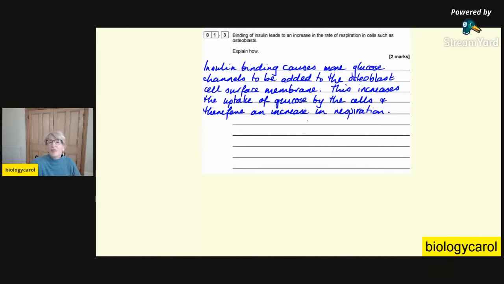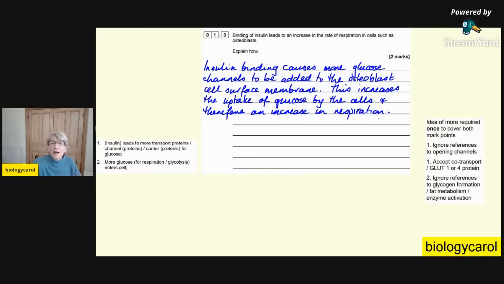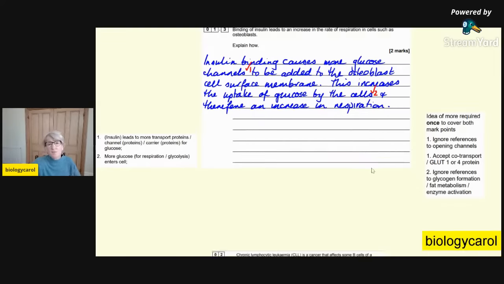I just put, and therefore an increase in respiration. So I got both of the marks there. This being the mark scheme down here. On this side of the screen, I've put the chief examiner's points that help the examiners mark the paper.